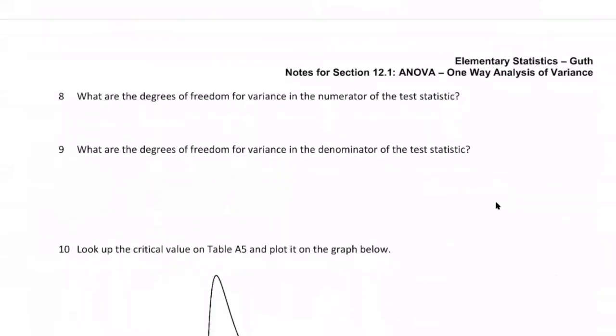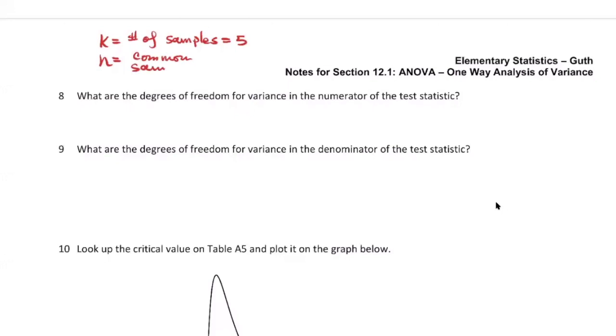So let's go ahead and do our backup here. K was the number of samples. I think that was 5. And N is the common sample size. If you go back and check, it was 7. Okay.